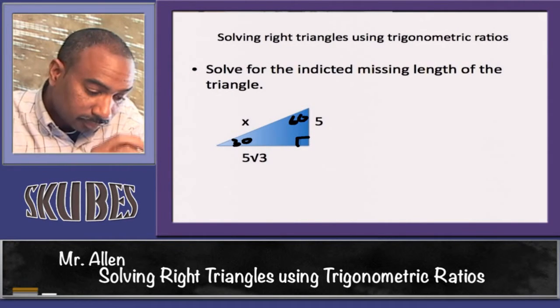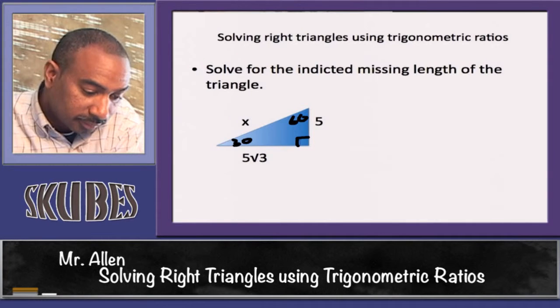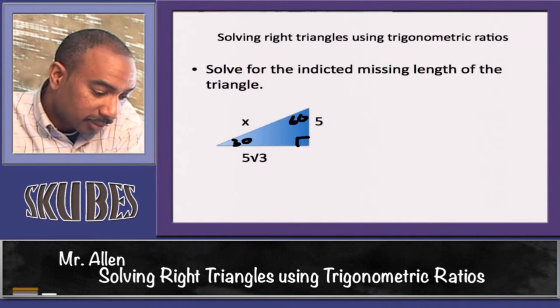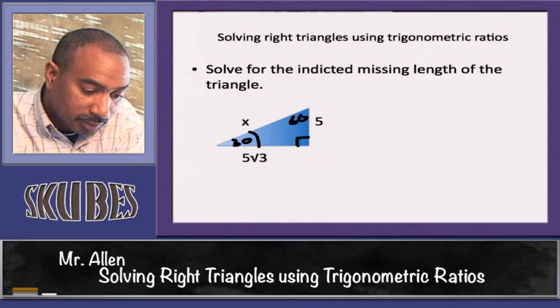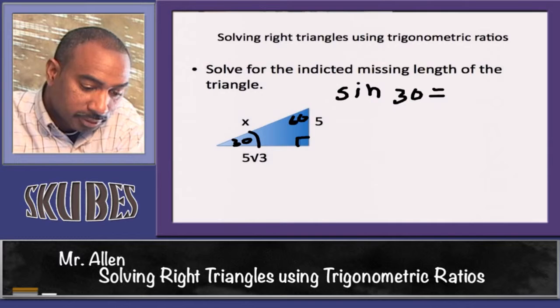So let's say I start with 30 degrees. I could say sine of 30 is equal to the opposite, which is 5, over the hypotenuse.